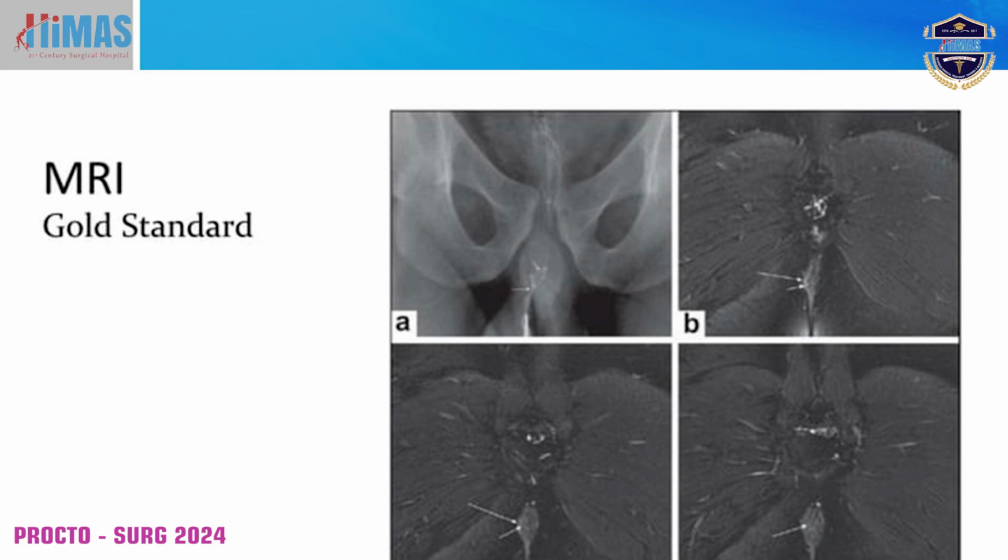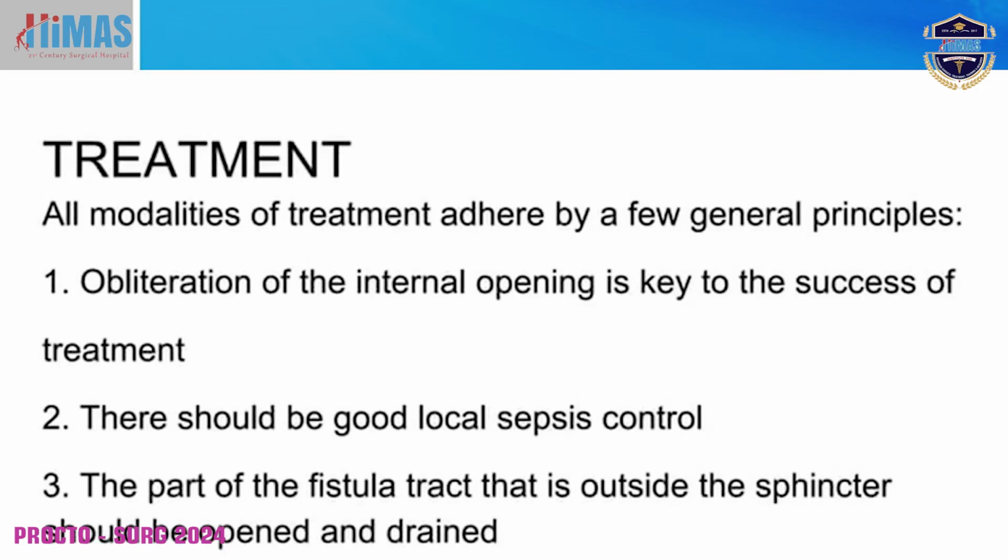So rightly said madam in the morning, even in Bangalore, only 3 centers are doing endoanal ultrasound. 1 or 2 diagnostic centers report the MRI scan. That is the difficulty of reporting an MRI scan even by the radiologist. That's why I made a practice that I always discuss the internal opening, tracts, all those things with the radiologist, then only will I take a decision for the plan of treatment.